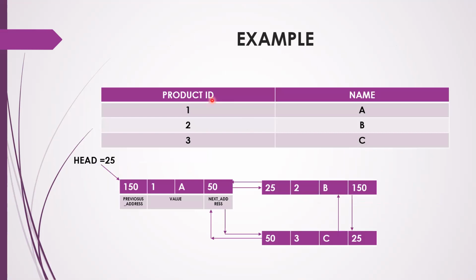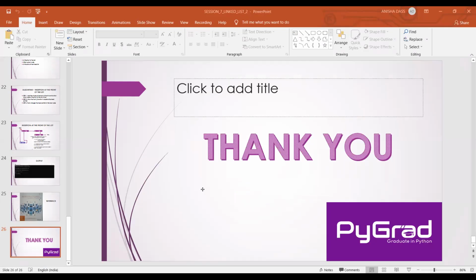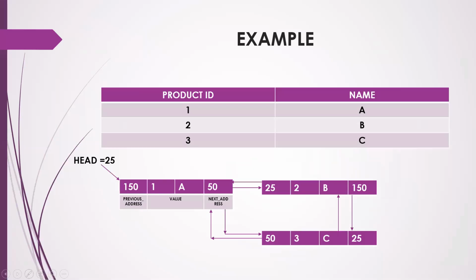So in this example, like product ID, name, here you have the previous address and the next address. Here the starting address is 25.